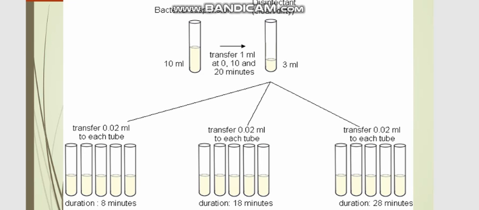We will again transfer 0.02 ml of the sample to each of the nutrient media, and we will check the bacterial growth. Then we mark it as plus or minus: plus means there is growth of bacteria and minus means no growth of bacteria. On the basis of that, we will interpret up to what concentration of bacterial cells, as we increase the load, the disinfectant is working.